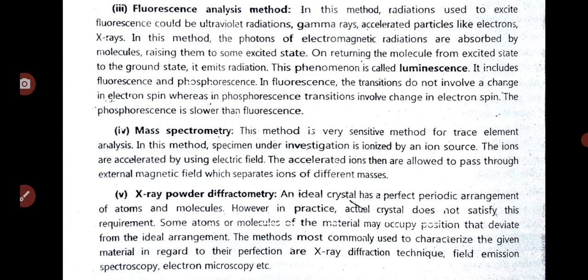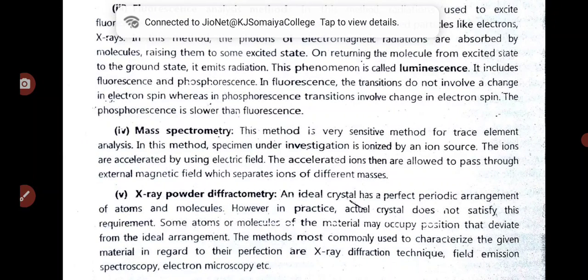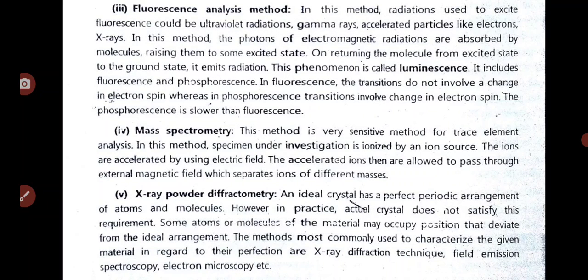If this radiation is incident on an atom, for example in the core shell or whichever shell, an electron is excited or knocked out. If the excited electron goes to an upper shell, a vacancy is produced in the lower shell, and every atom tends to reach a stabilized condition. So there is again a de-excitation of the electron, with emission of light or rays. This emission of radiation is considered as luminescence, and it includes fluorescence and phosphorescence.